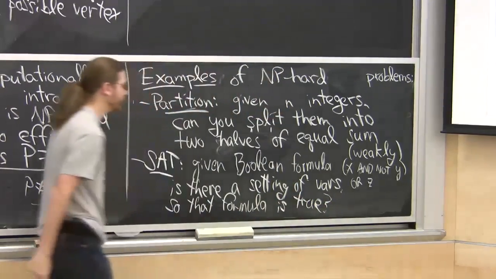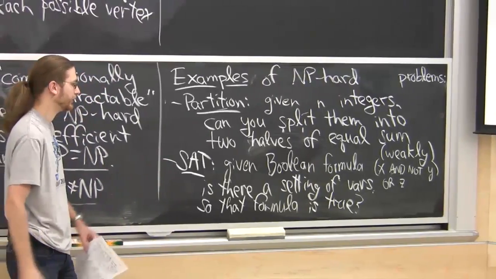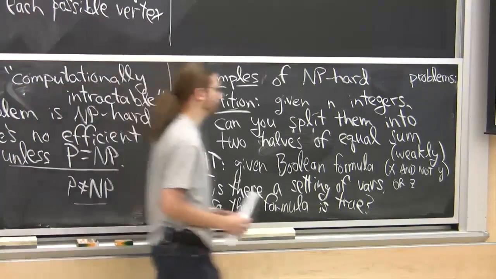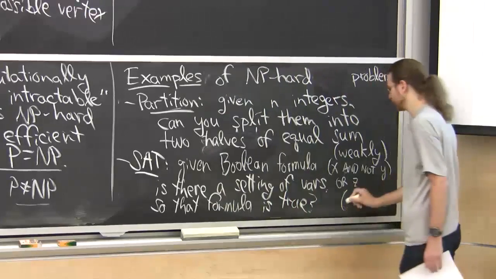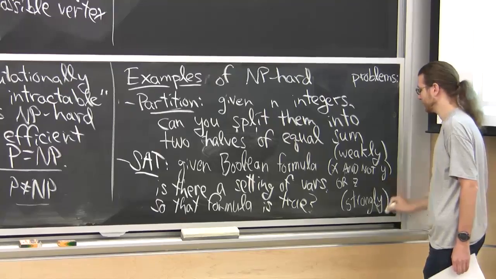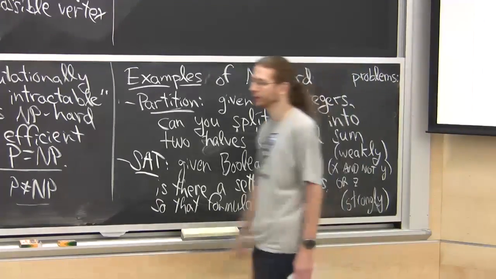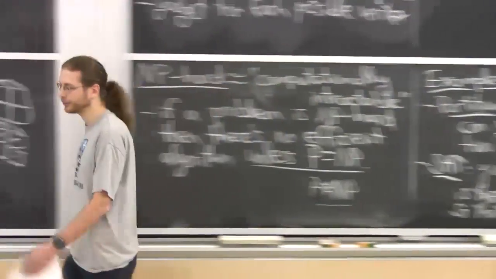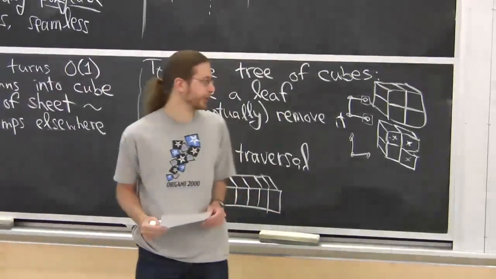And that's NP-hard. And here there's not even any numbers to make it hard. So we call this problem strongly NP-hard. And this is really the prototypical hard problem, the very first one that was proved NP-hard.